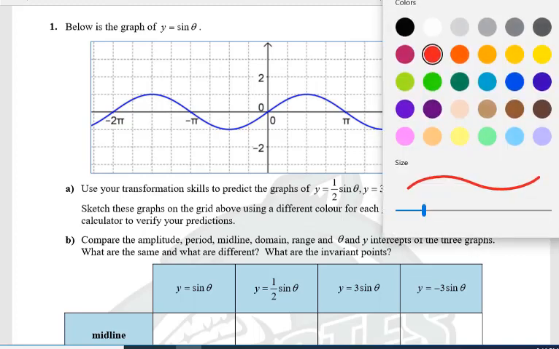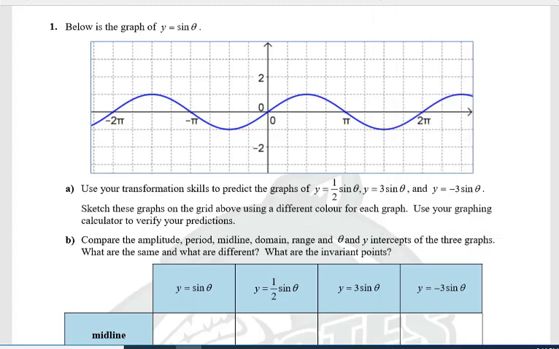Let's do this first one in red. All of the points are going to be half as far up, half as far away from the x-axis as they once were. We've got invariant points wherever we have x-intercepts, because this is a vertical stretch. We stretch it by a factor of a half, which means we used to have a maximum height of 1, we used to have a minimum height of negative 1, now we have a maximum of a half and a minimum of negative a half.